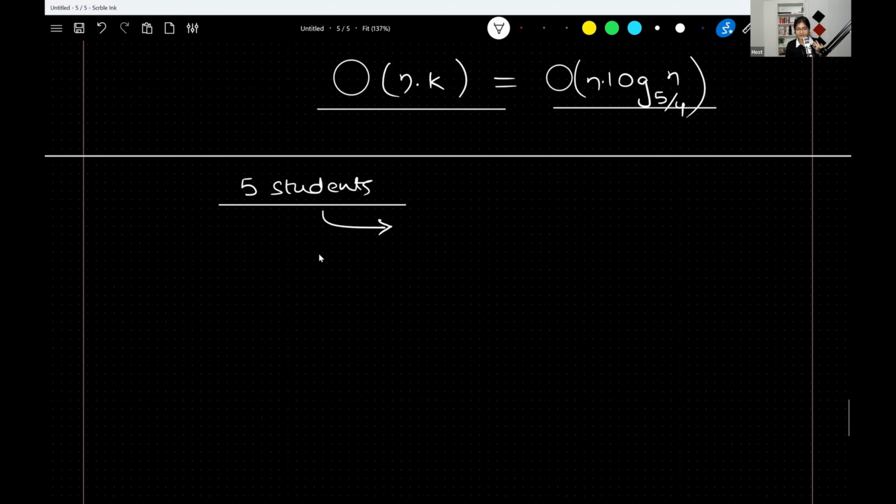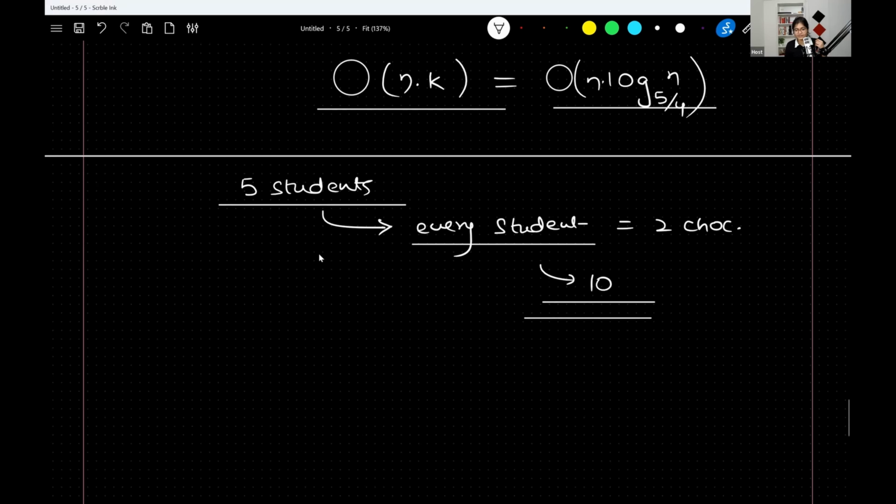It will be 10. How you computed this? One way can be, you can say 2 plus 2 plus 2 plus 2 plus 2, you will reach the same answer. Another way, I have done the things smartly: 2 into 5 will come out to be 10.